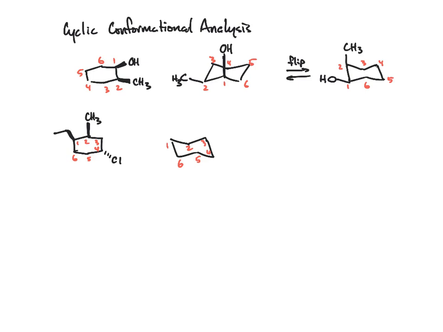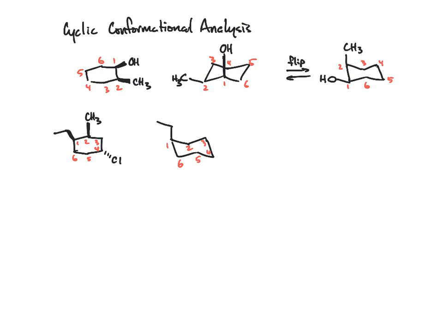Because carbon 1 is up, the up bond is going to be what? It's going to be axial. So therefore, the ethyl group is up. Carbon 2 is down. So the up bond on carbon 2 is going to be what?